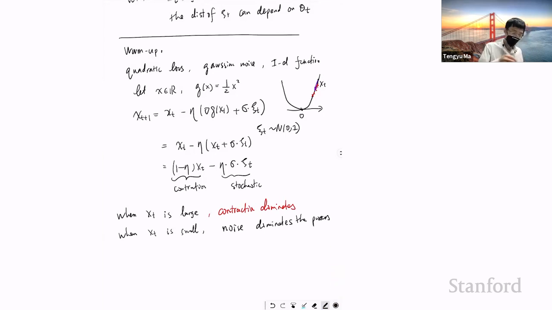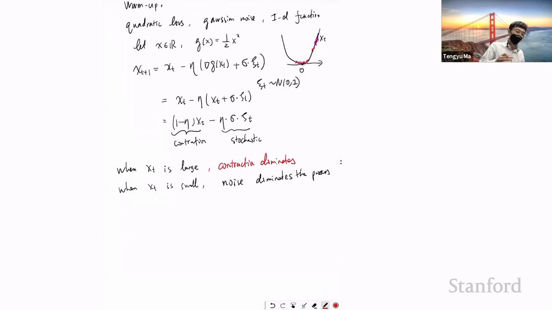Suppose you start somewhere very, very close to 0, then when you shrink it, it doesn't really change much, right? Because 1 minus eta times a small number is still a small number. And then you add the noise, and the noise probably makes it land somewhere either on the left-hand side or on the right-hand side. So the noise becomes the dominating part when xt is small.